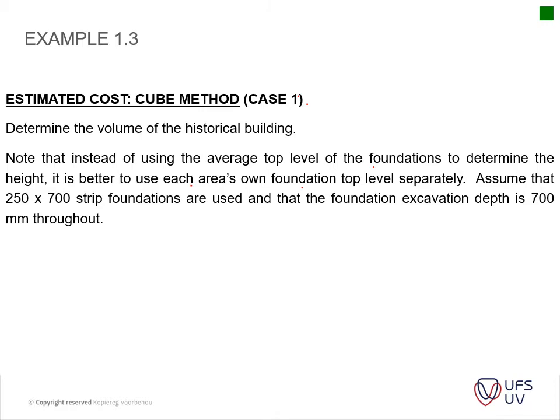Assume that 200 by 700 strip foundations are used, and that the foundation excavations are 700 millimeters deep throughout. If you go through your examples, all that this is basically saying is whenever you use your cube method, it's better to calculate the different areas or the different volumes separately. It will be explained now.